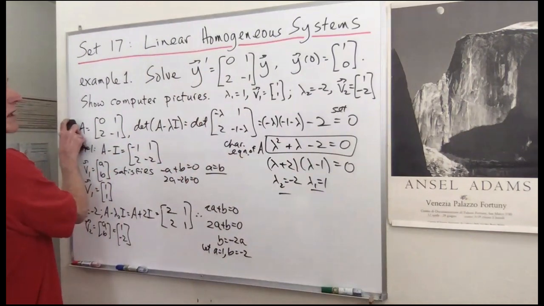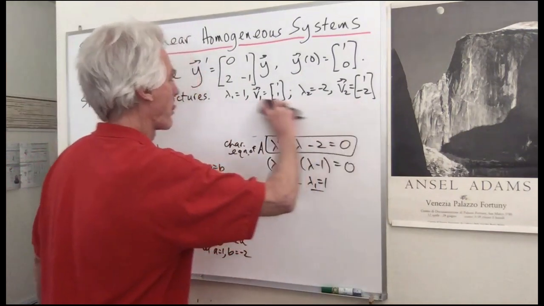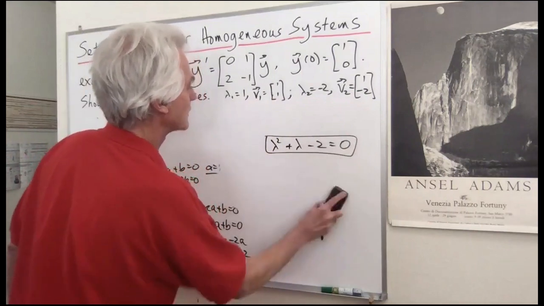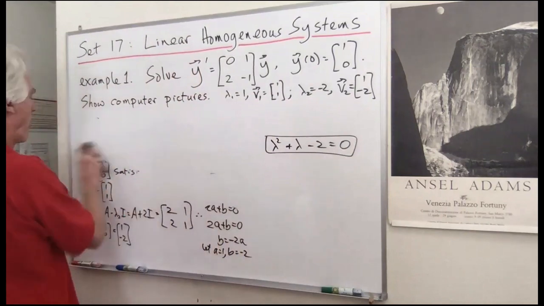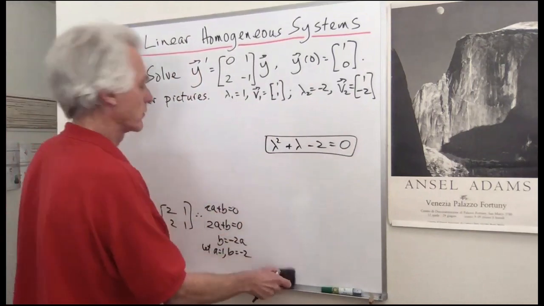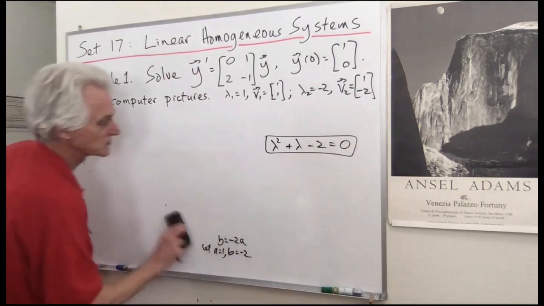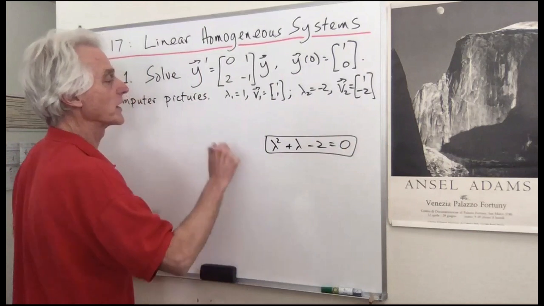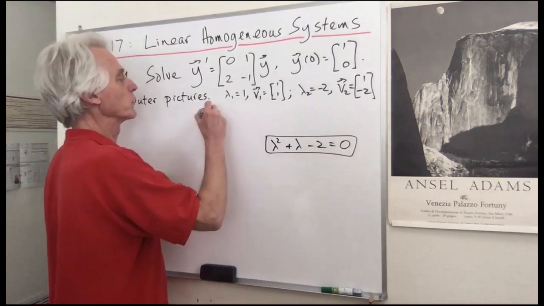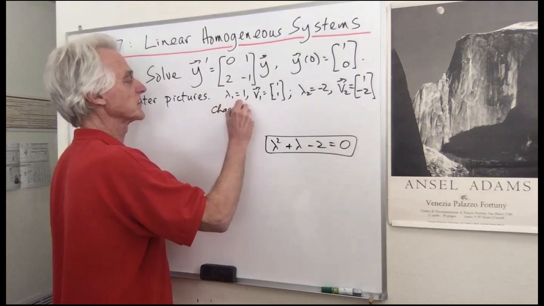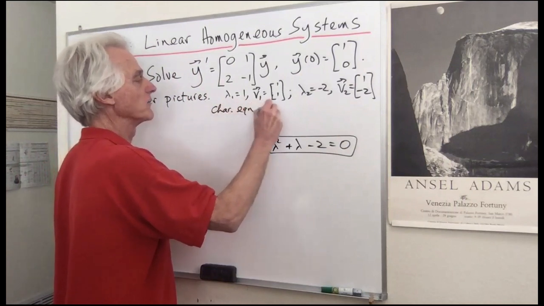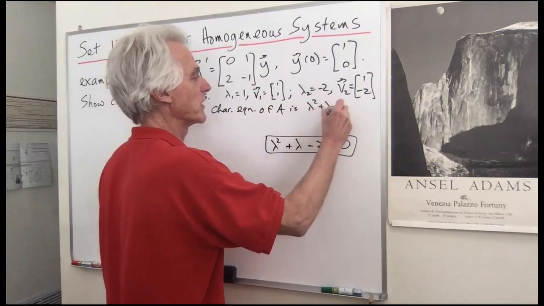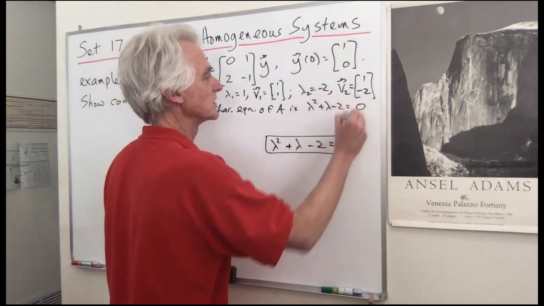All right, so let's go on. Keep that summary. I have a reason I want to keep that characteristic equation. I think I want more room though. The characteristic equation of A is lambda squared plus lambda minus 2 equals 0.